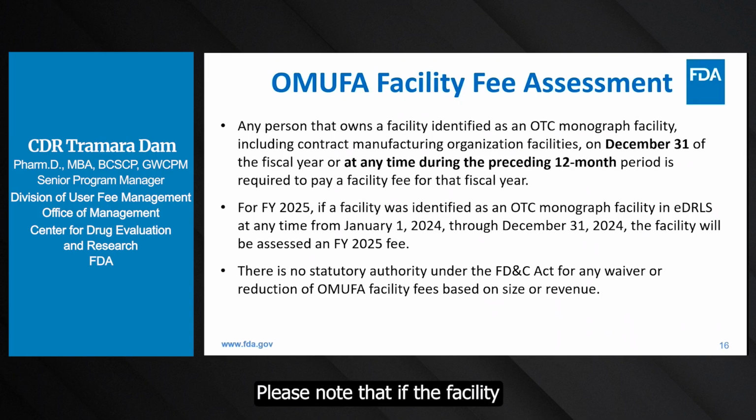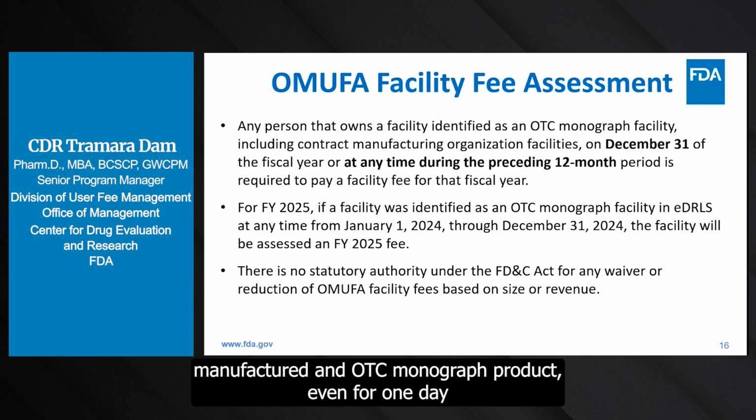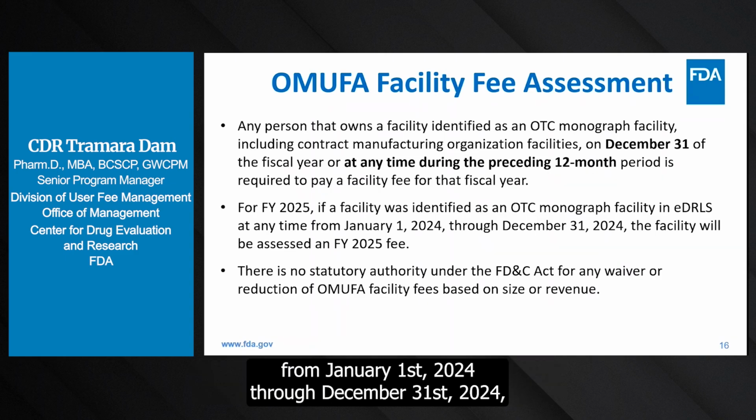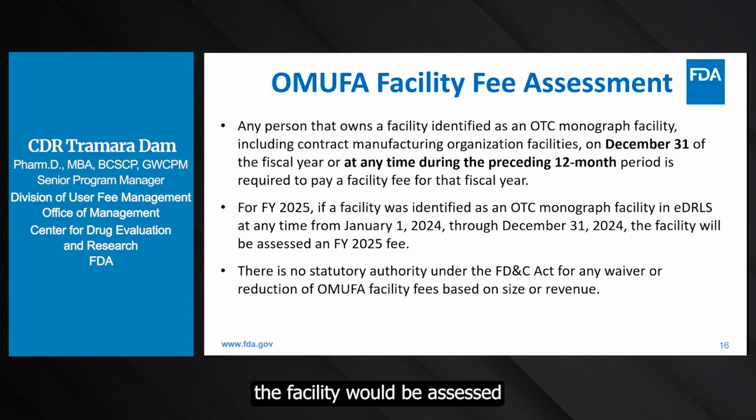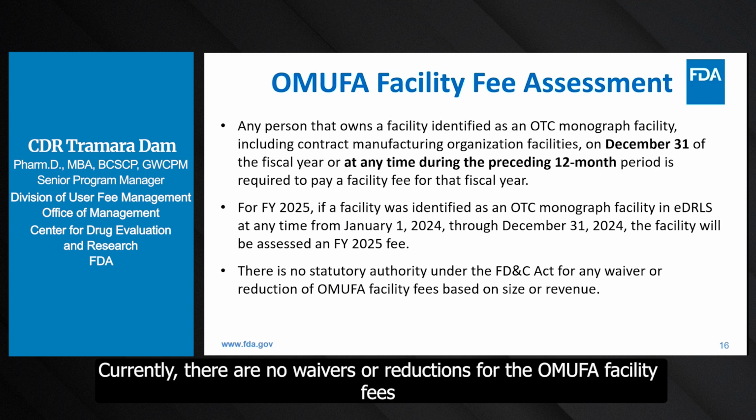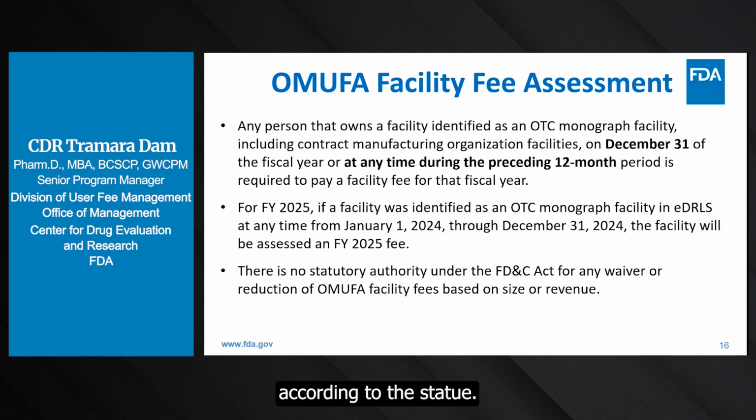Please note that if the facility manufactured an OTC monograph product even for one day from January 1st, 2024 through December 31st, 2024, the facility would be assessed an FY 2025 facility fee. The annual facility fee is assessed per facility. Currently, there are no waivers or reductions for the OMUFA facility fees according to the statute.